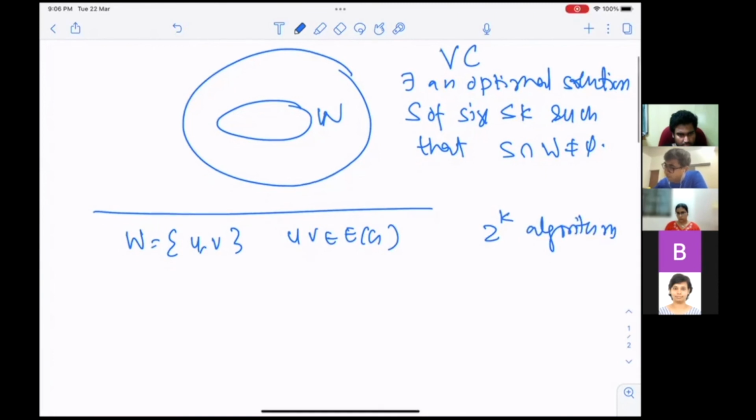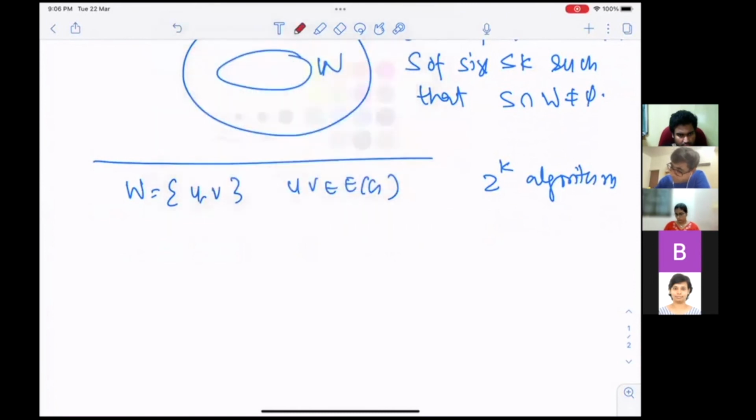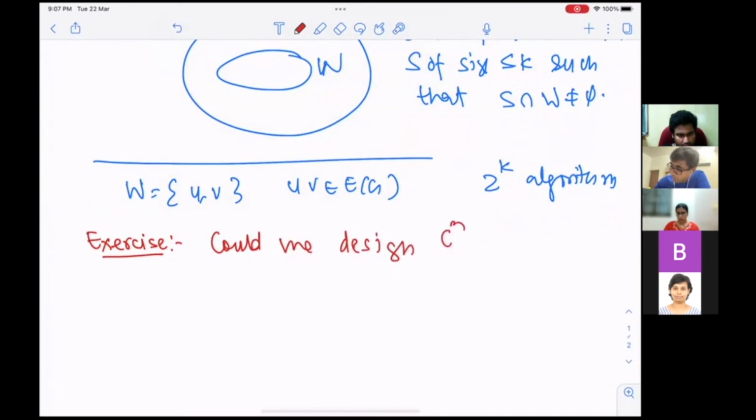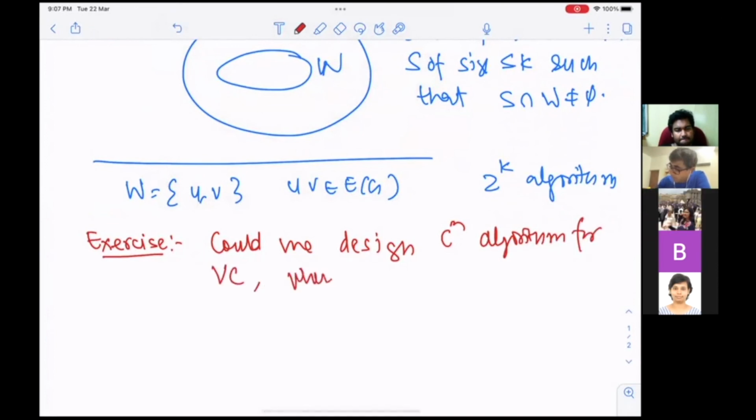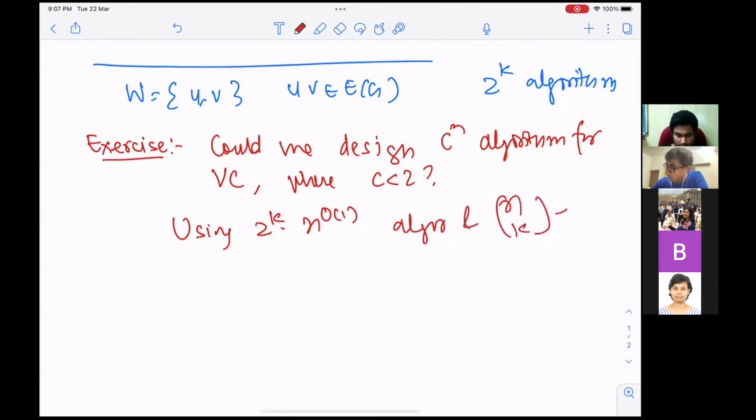And then I had given you an exercise at this point: could we design a C power n algorithm for vertex cover where C is strictly less than 2, using this 2 power K n to the power big O of 1 algorithm and the n choose K enumeration algorithm?